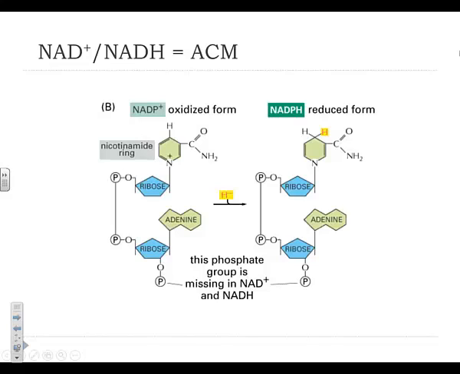Okay, and this is what the chemical structure looks like, but it's really that unstable bond here, those electrons that are reactive and can be readily given back to then convert NADPH or NADH back to its oxidized form.